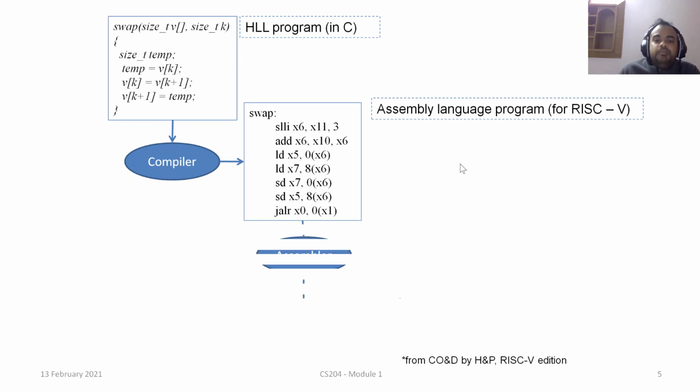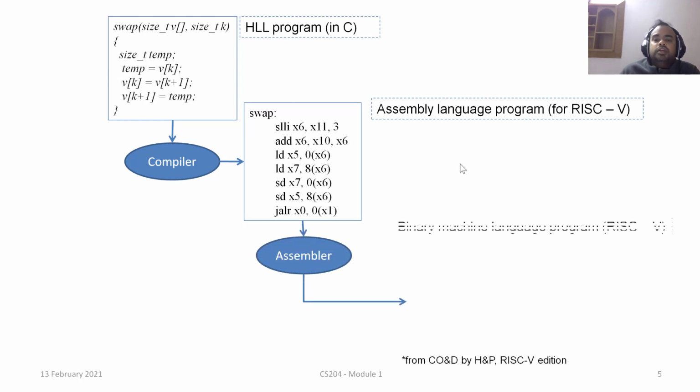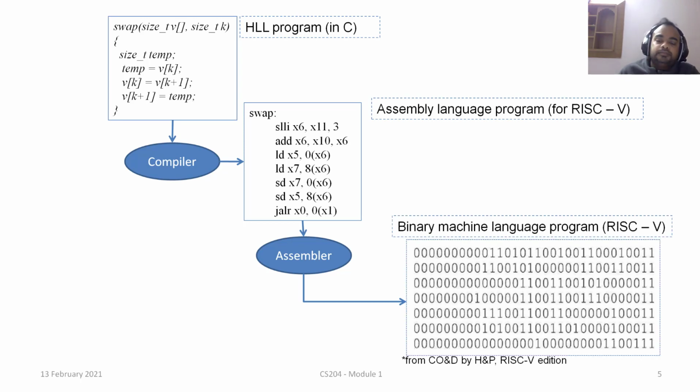Now this would be the input to the assembler and it would convert them into a sequence of zeros and ones. So this is how your end assembly, binary code would look like. And if you remember, many a times the output of your compiler is called a binary. It's precisely because everything would be a sequence of zeros and ones.